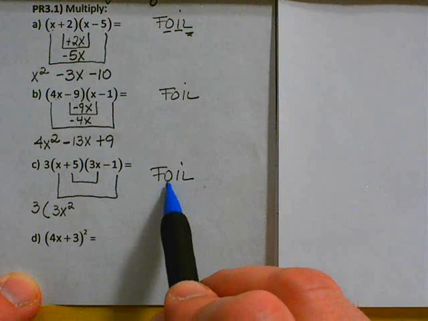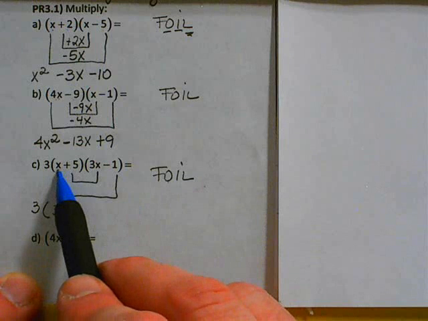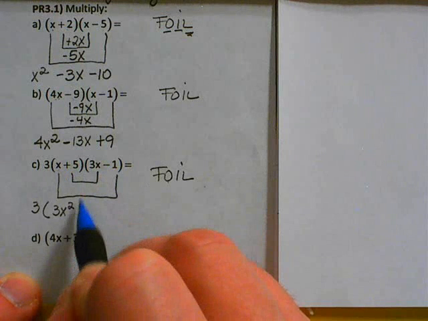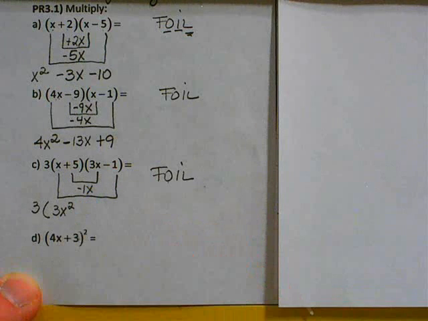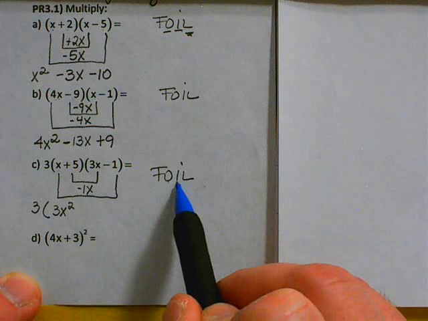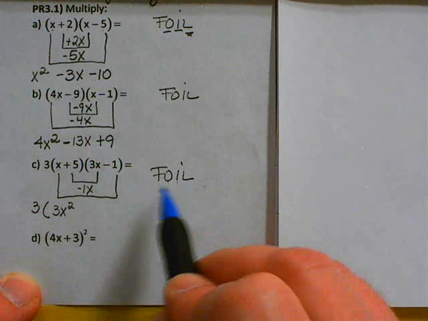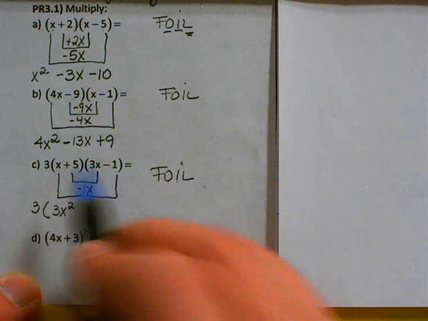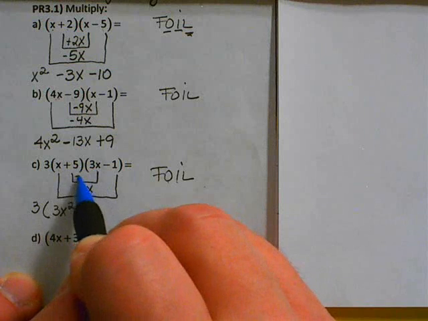O is outside times outside, so x times negative 1 is negative 1x, so you write it on the outer box. I is inside times inside. 5 times 3x is positive 15x.